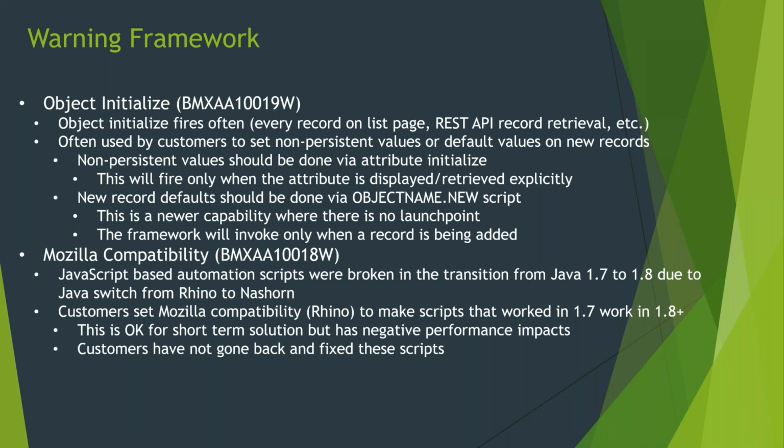The problem is customers have continued to leave this as their solution, and there's a performance impact to doing this. So we really want customers to actually transition to Nashorn, or if you don't want it to be JavaScript, you can rewrite it in Jython or whatever. But definitely try to avoid doing compatibility.